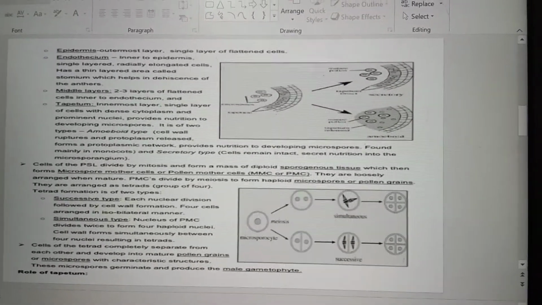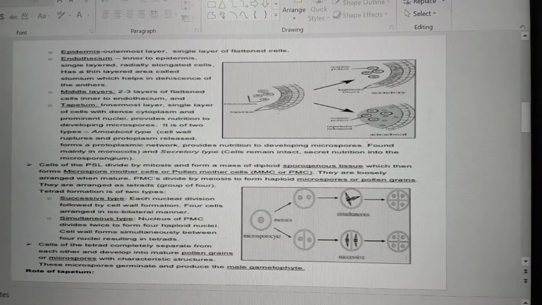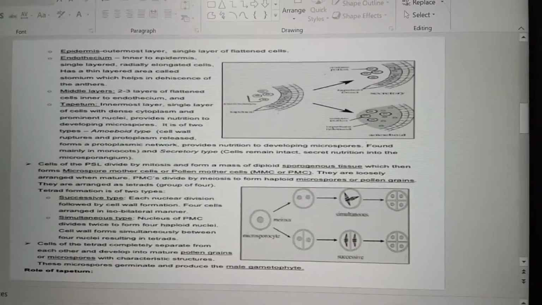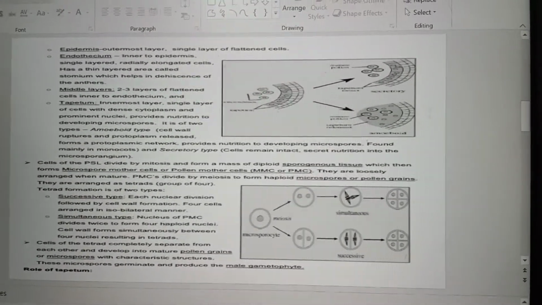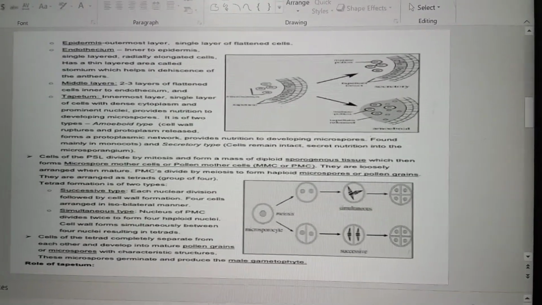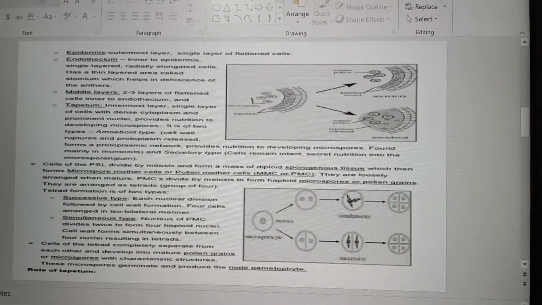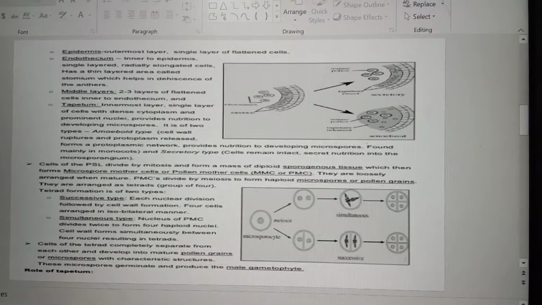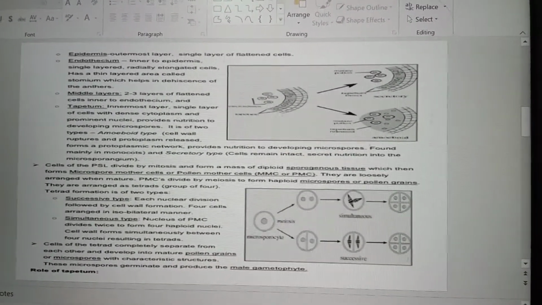Okay, isobilateral manner means, when it is successive, all the four are visible. Then the simultaneous type. In the simultaneous type, the nucleus of the pollen mother cell divides twice to form four haploid nuclei, and cell wall formation occurs simultaneously between the four nuclei, resulting in tetrads. Okay.